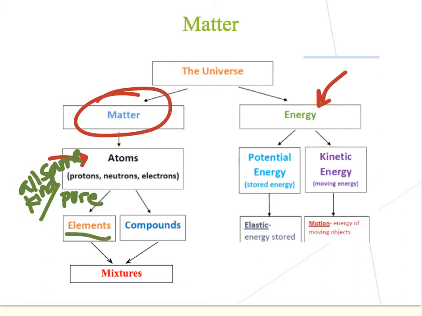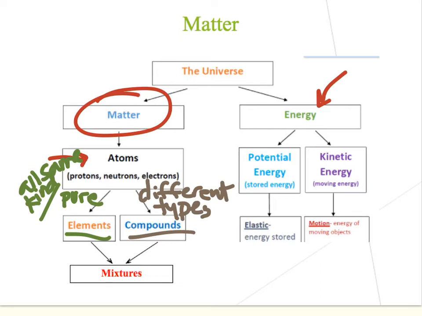If different types of atoms come together, they're going to be called compounds. All right, so that's the difference between elements and compounds. Elements have one type of atom. For example, oxygen, the air we breathe, the component of oxygen gas is made up of pure oxygen atoms.